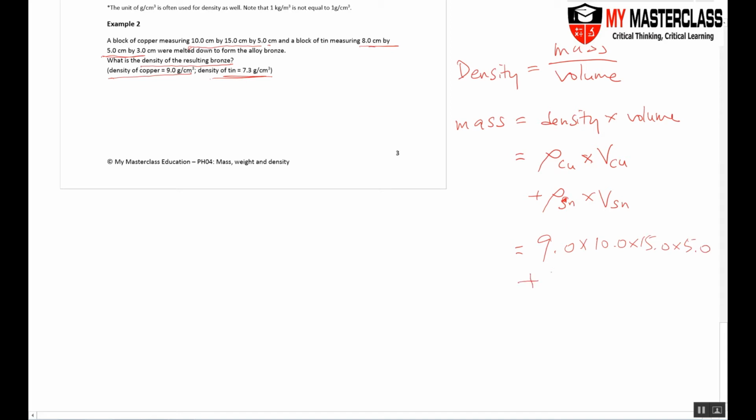The density of tin is given 7.3, and then the dimensions of tin are 8, 5, and 3. Okay. Add the mass of copper and the mass of tin together, you're going to have a mass of 7,626 grams.